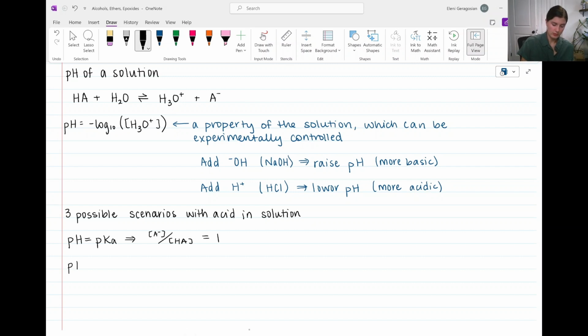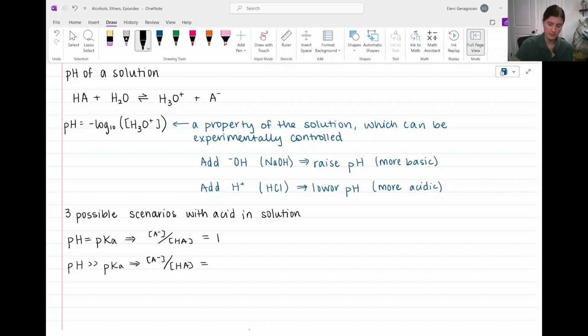If we have a solution with a pH that is greater than the pKa of an acid, so now the acid that's added to the solution has a stronger acidity than the solution, that means that acid, stronger than solution, is going to dissociate. It's going to donate its proton. So the concentration of its conjugate base will be higher than its concentration of the associated form.